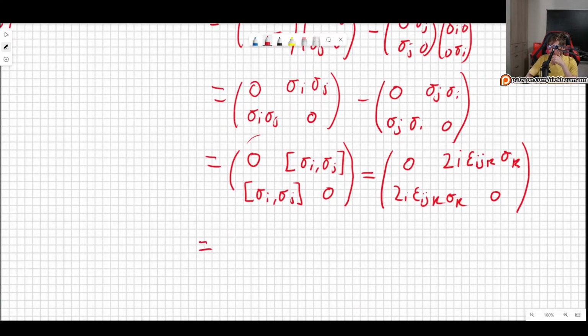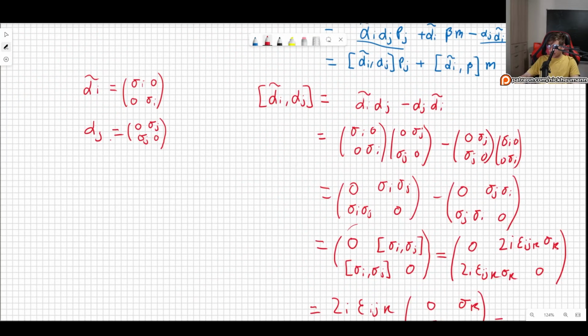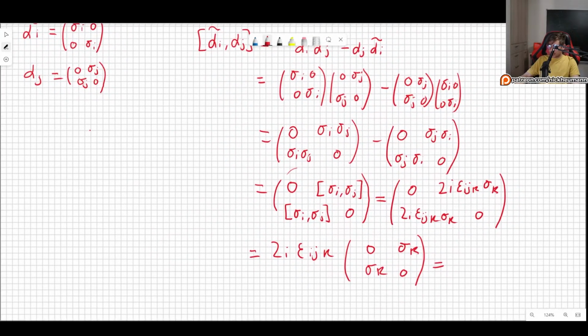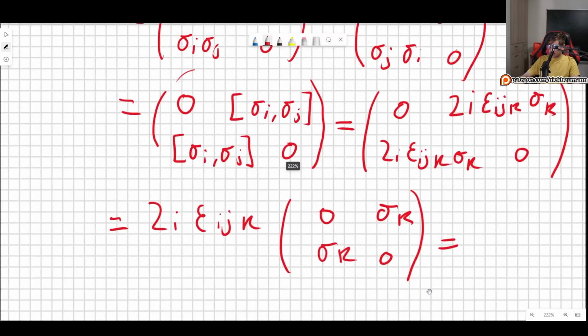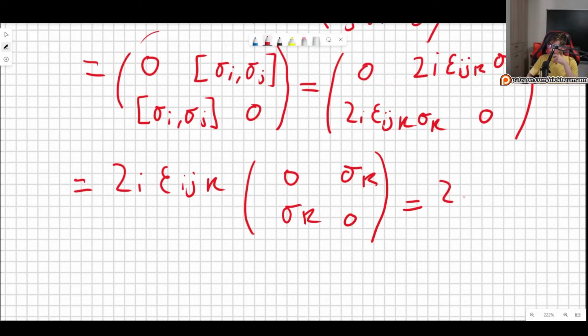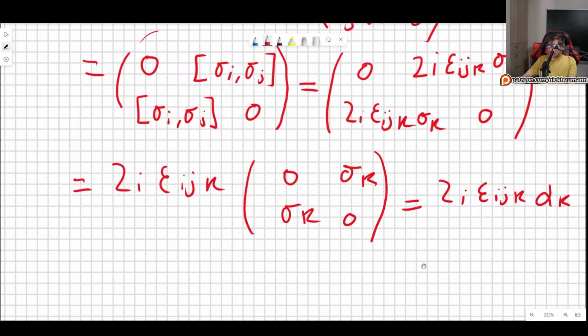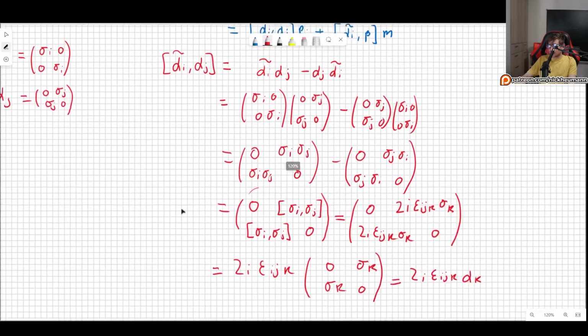So this is 2i epsilon I j k times 0, sigma k, sigma k, 0, but this is precisely the definition of alpha k. That's alpha j, but if you change j and k, we get exactly the same. So this thing is 2i epsilon I j k times alpha k. So that is the first commutator down.